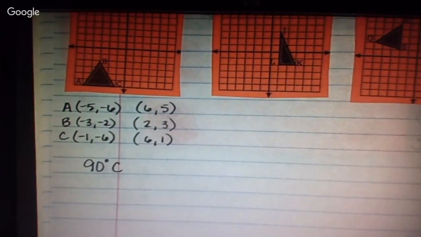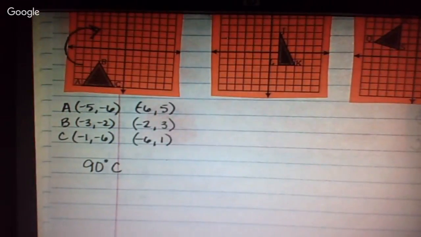So right now, all of my original points were where? Negative, negative. So I'm here. If I go 90 degrees clockwise, where do I go? Negative, positive. So all of your points should be negative, positive. So your first numbers should all be negative, and your second numbers should all be positive because we're going from this quadrant into this one.